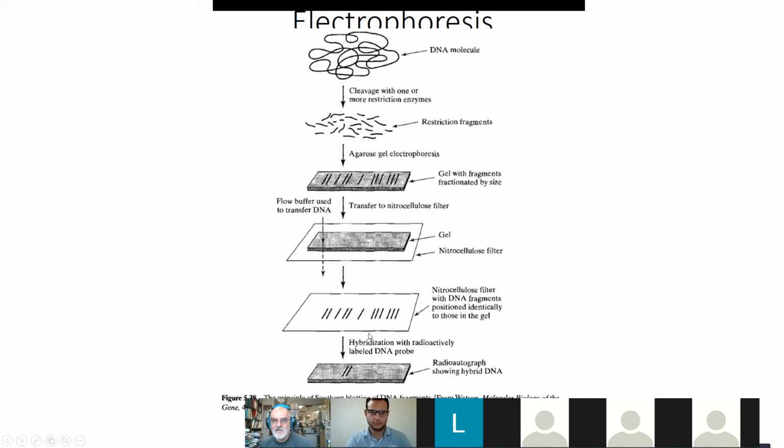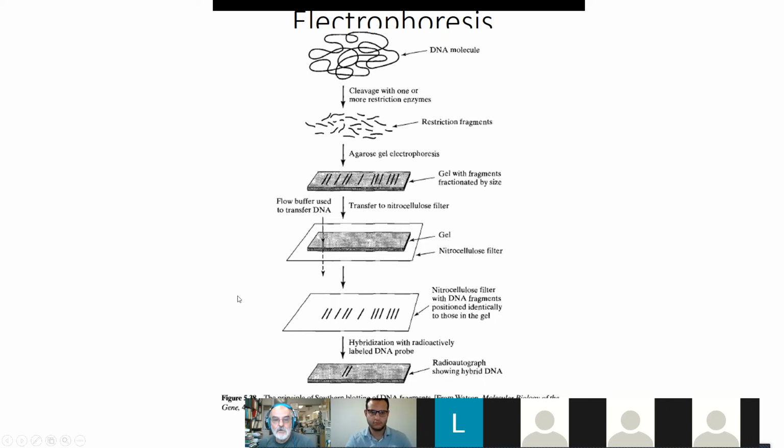You can then hybridize to see if the fragment corresponds to a particular sequence. This looks like it's taken out of one of the early versions of Watson's book, Molecular Biology of the Gene. This is the book you guys use in molecular biology or in cell biology, I guess, except it now has a half a dozen authors because Watson hasn't been an author of this book for decades.